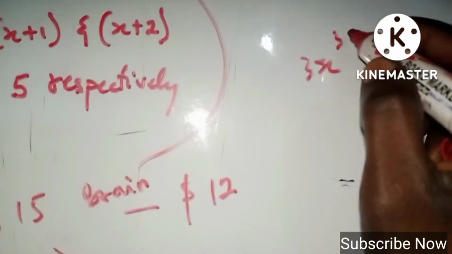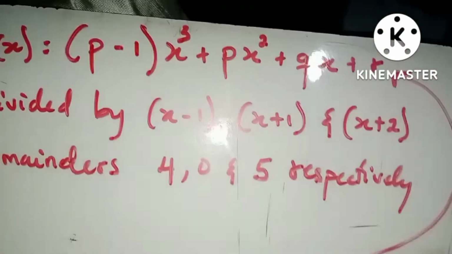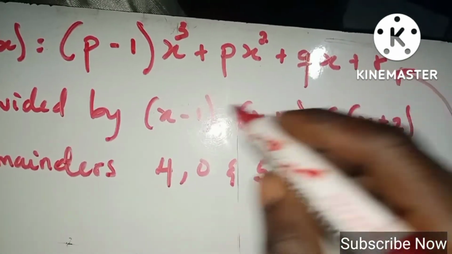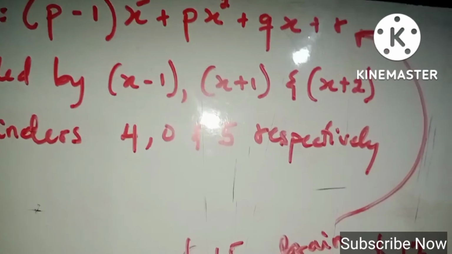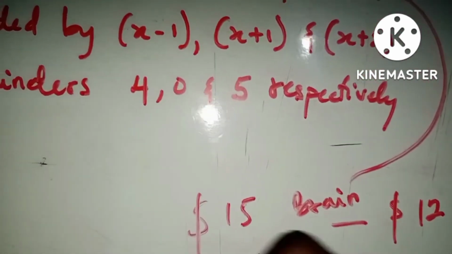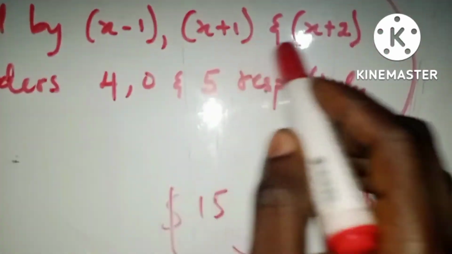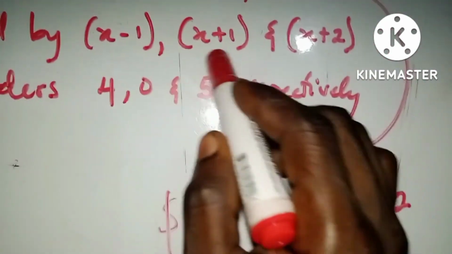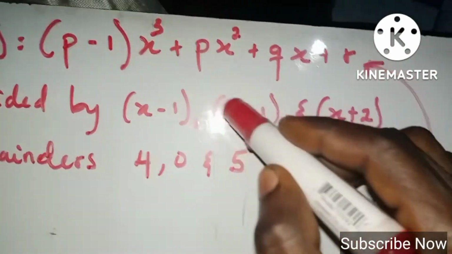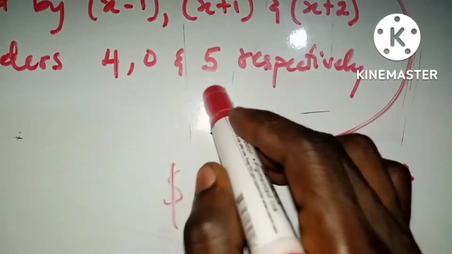You find the value of p in just a few seconds. So the polynomial function is the brain. Your brain here tells you that if I plug in these values of x, and you have to solve this in just a few seconds, if you are plugging these values into this machine, which is a polynomial function, I'm going to be left with the remainders of 4, 0, and 5 respectively.